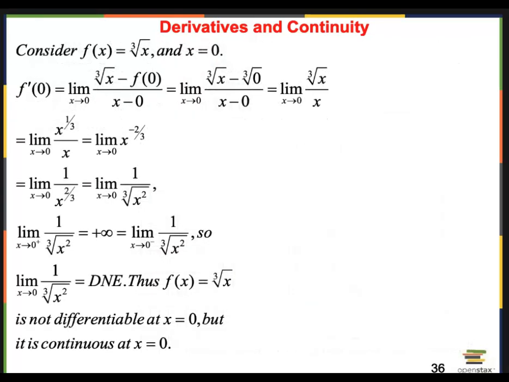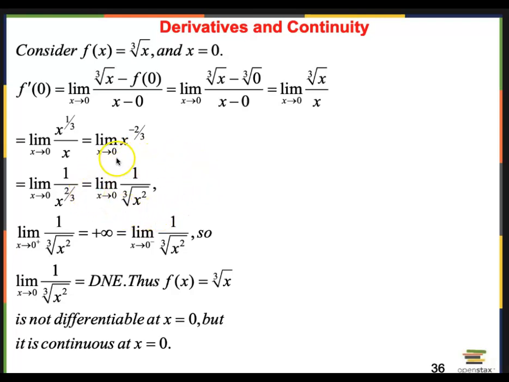So derivatives and continuity. Let's look at the cube root of x as x approaches 0. Let's look at the limit as we plug those in. As we go through this limit process, we end up with the limit of x to the negative 2/3.